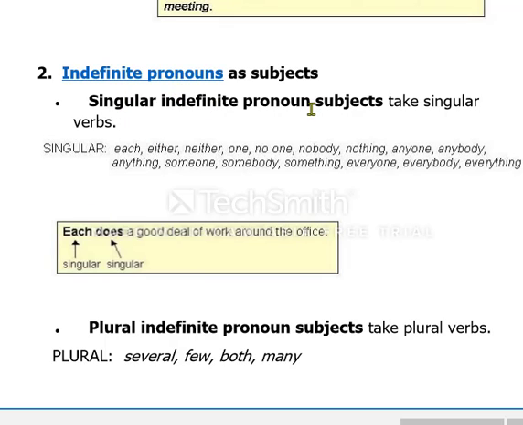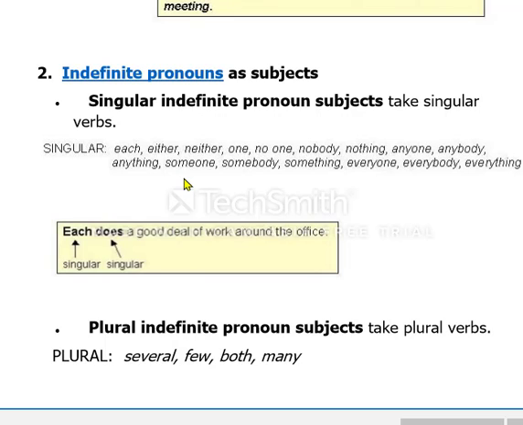I can give you the example. If you are a teacher in the class and you ask one of the students, you pronounce the name, that Aslam, just go and bring a glass of water here. When you say like this, Aslam will stand up and go to take a glass of water.